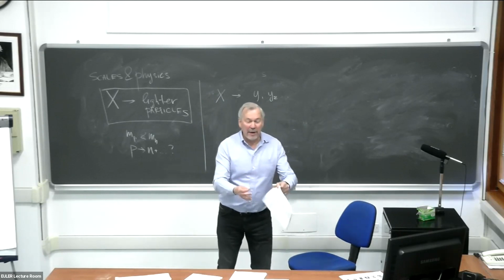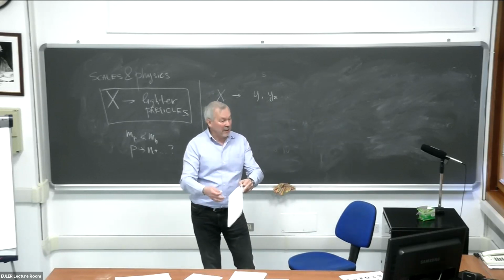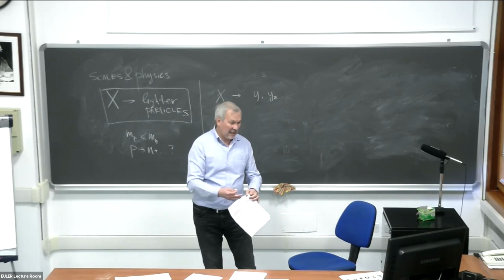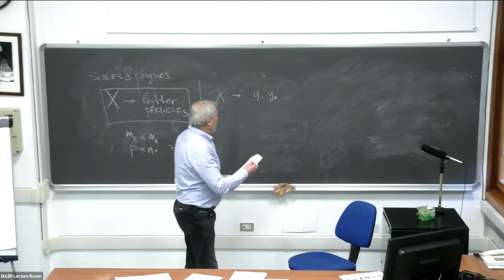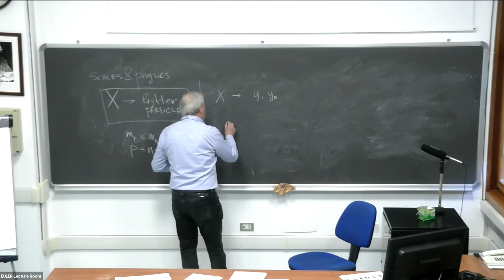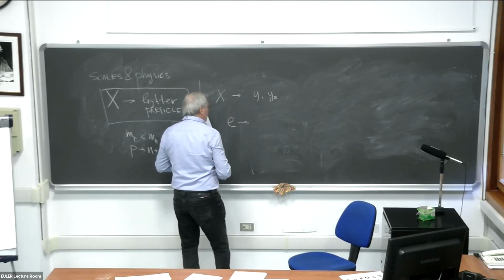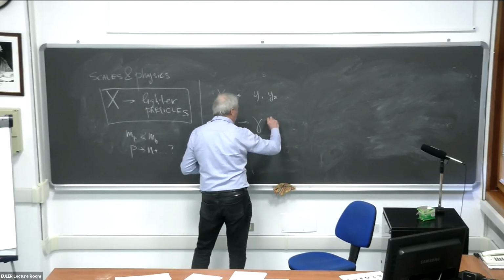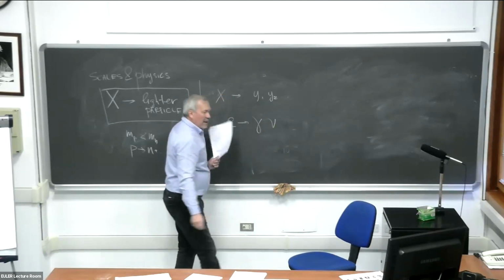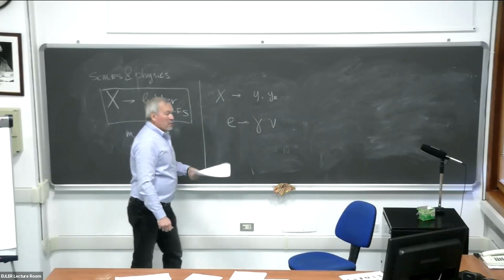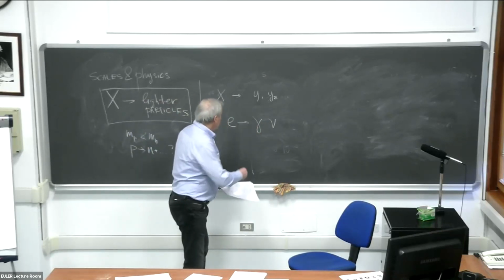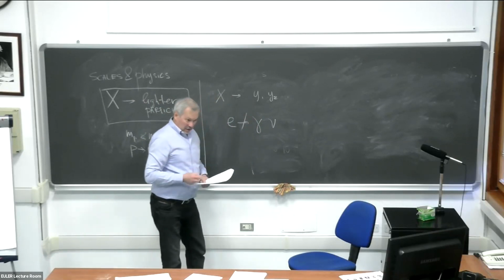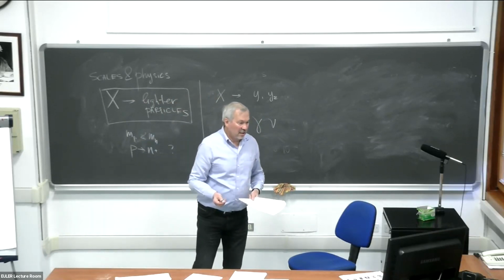So if you see that some particle kinematically can decay, but it doesn't, this means there should be some good reason for this. Let me give you some examples. Kinematically, the electron can decay into a photon and a neutrino. These are light particles. But we do not observe this decay. And what is behind this? Conservation of electric charge, right?